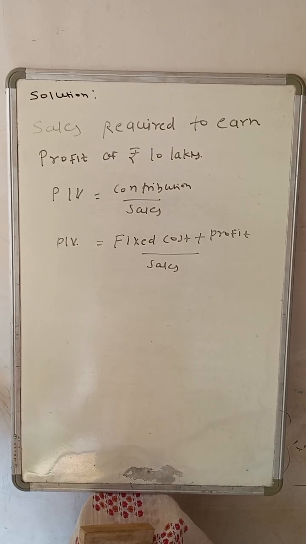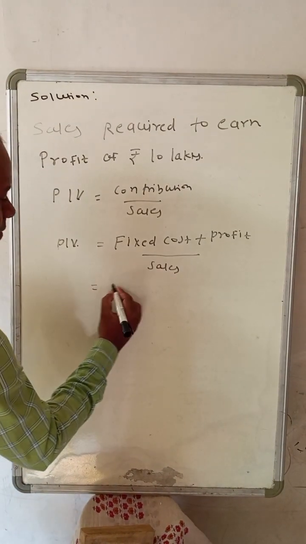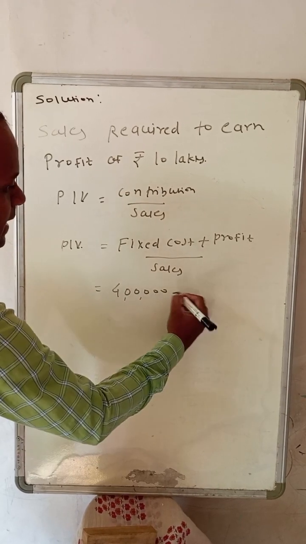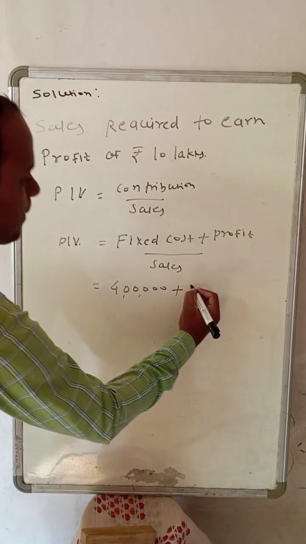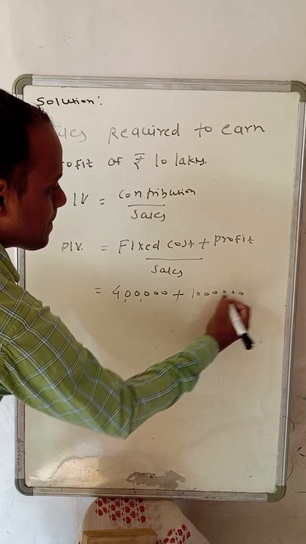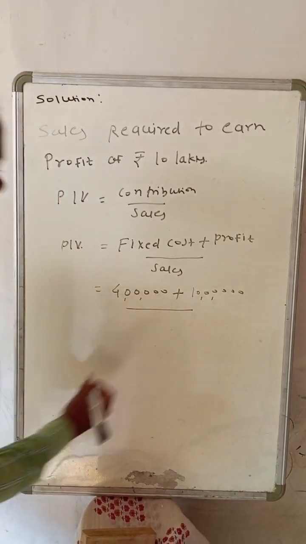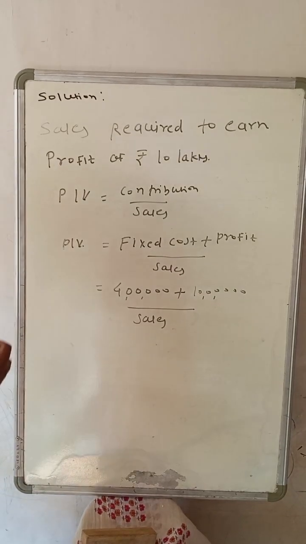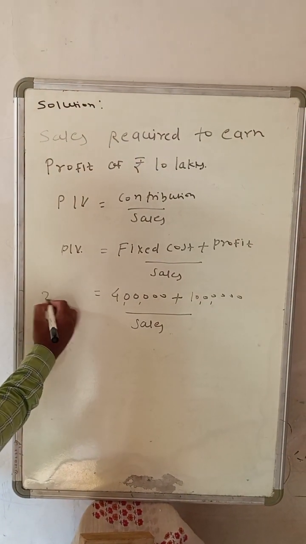As per the requirement, we already calculated the fixed cost, which was 4 lakh rupees, and they are expecting the profit of rupees 10 lakh. So 10 plus 4, 14 lakh, divided by sales. We already calculated the PV ratio, which was 20%.